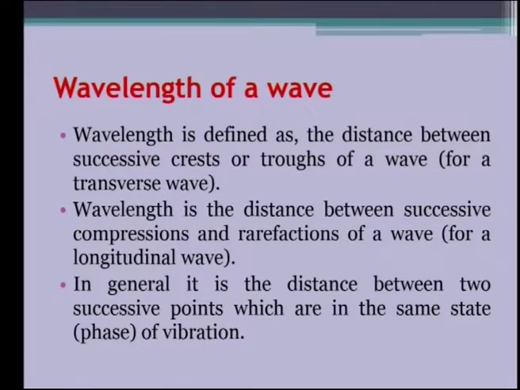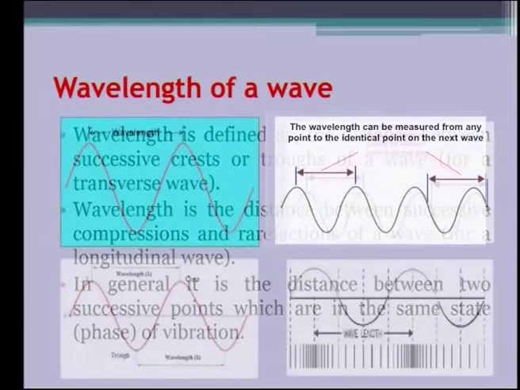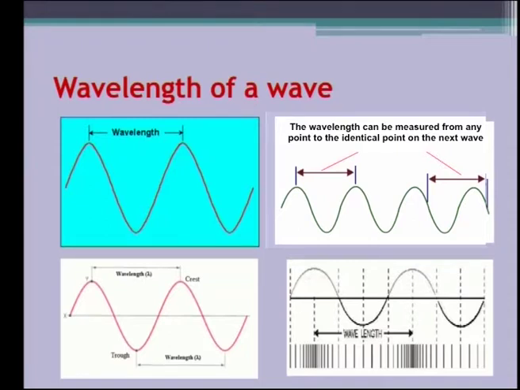This shows the distance between two successive crests, and the next picture is also showing it, and here it is showing the distance between two successive points which are in phase, and here also it is shown in the same way, distance between two troughs also is the wavelength, and here it shows the compressions and rarefactions. The distance between two successive compressions is also wavelength in the case of a longitudinal wave. The wavelength is the only term which comes in addition to the terms we have seen for the oscillation.